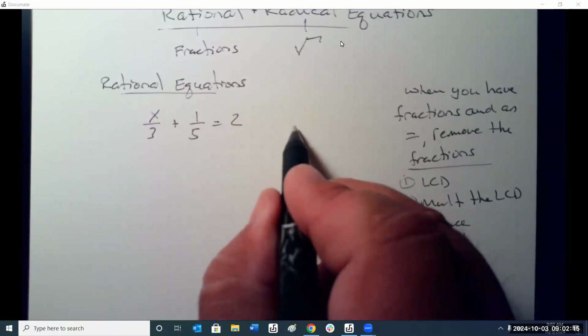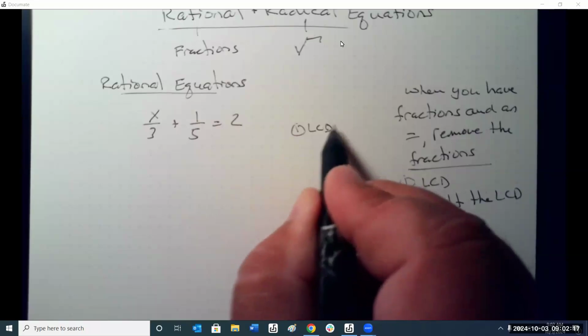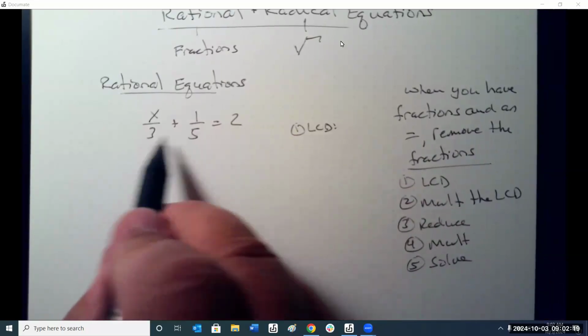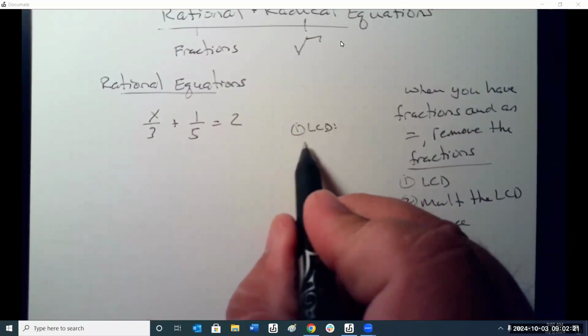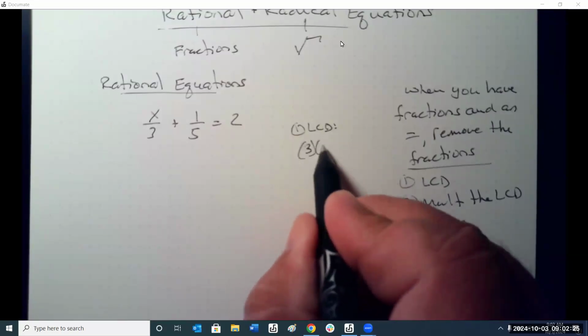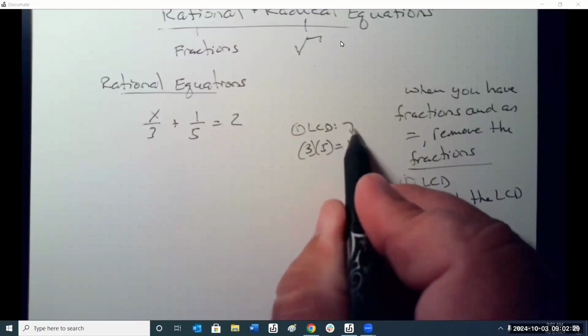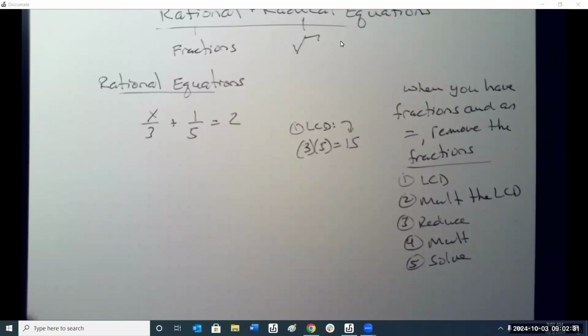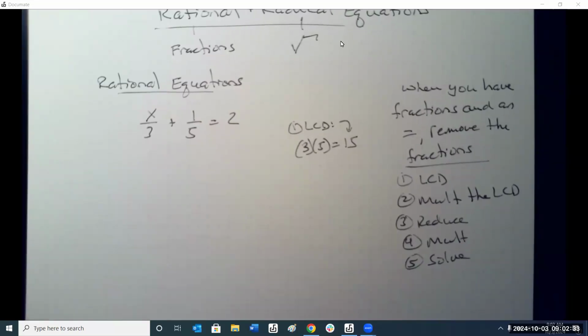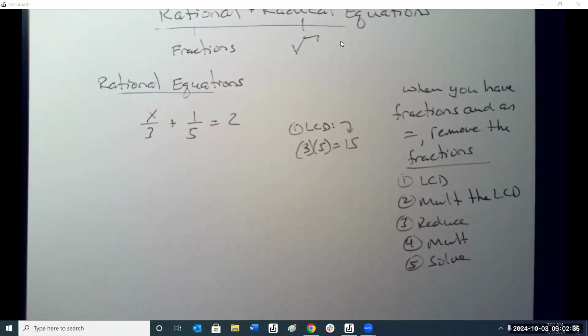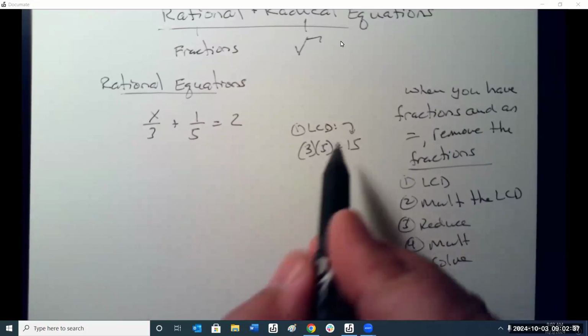So first step, LCD. Our denominators are 3 and 5. The easiest way to find the LCD is to multiply the denominators. There's your LCD. It'll wash out in the end if it's too high. Second, multiply.